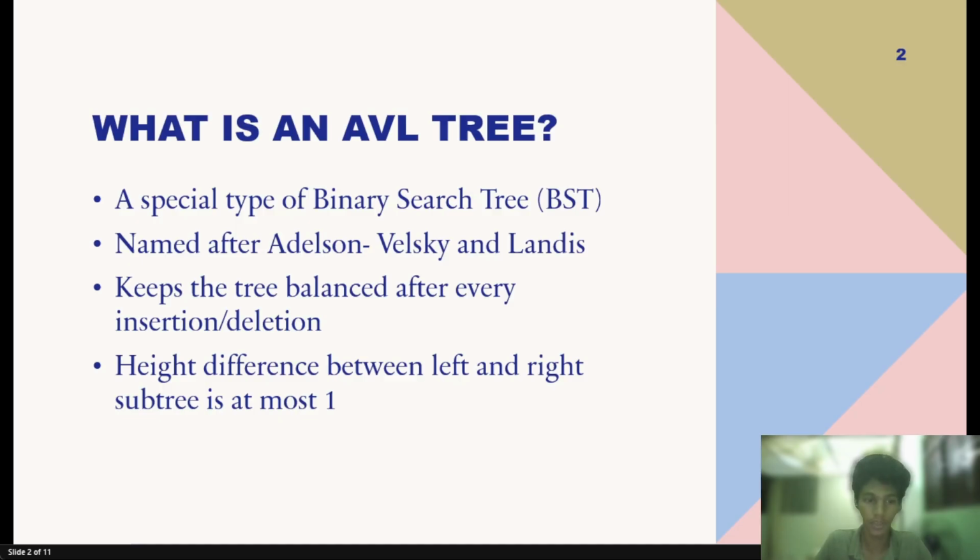AVL trees solve this problem by automatically balancing themselves after every insertion and deletion. The important rule is the height difference between the left and the right subtree of any node cannot be greater than 1. Because of this balancing, AVL trees maintain efficient O(log n) performance.